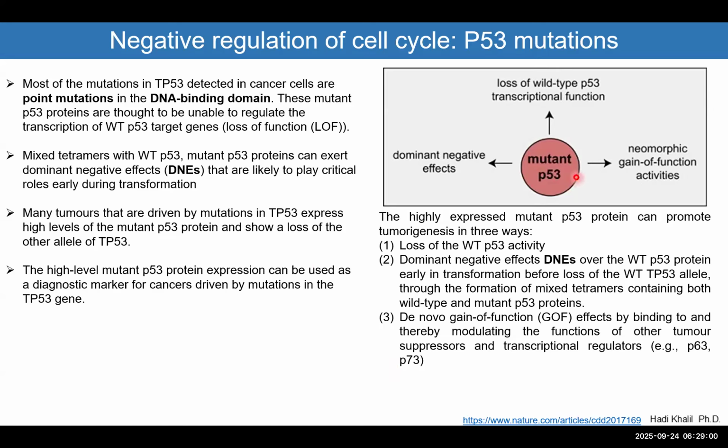So either by loss of the wild type functional activity, and therefore it doesn't bind to the DNA, so it's the loss of the wild type p53 transcriptional function, or it has a dominant negative effect because now you have the wild type and you have the mutant, and the mutant doesn't perform the function. So there's some sort of competition between the two. And then the third one is the gain of function, which is a modulation of the downstream targets.